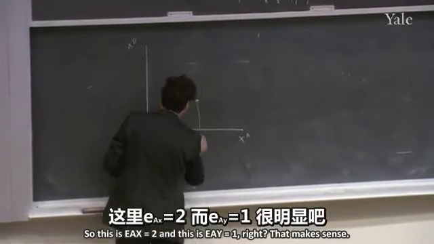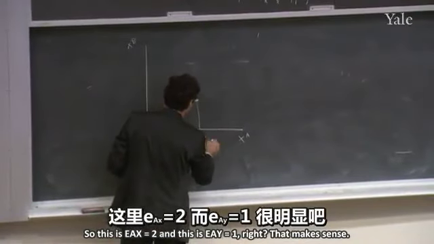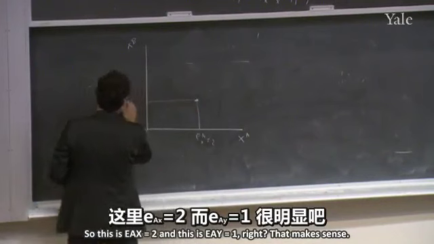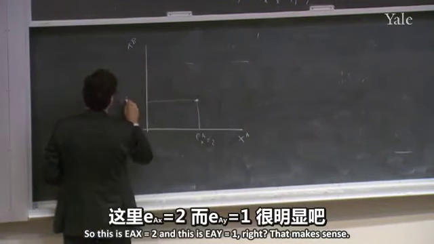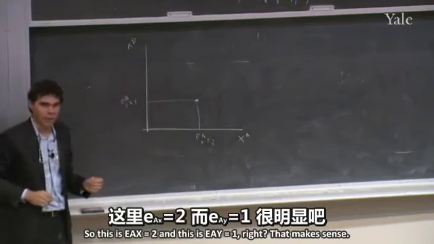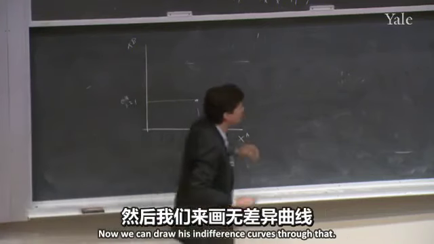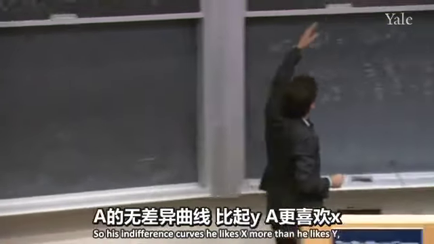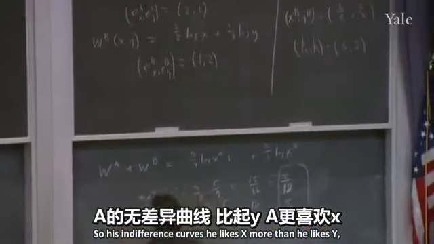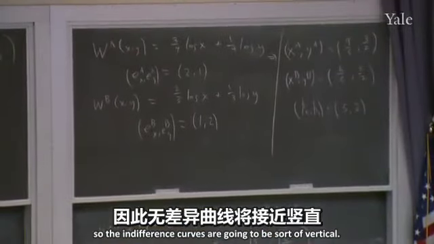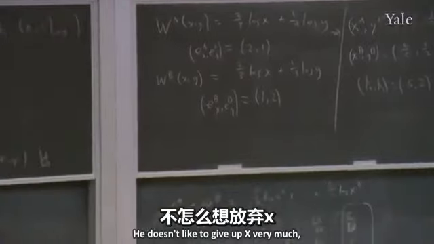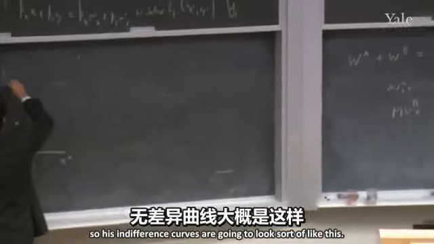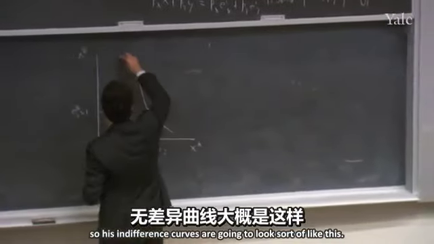So this is EAX equal 2, and this is EAY equal 1. Right? That makes sense. Okay, now we can draw his indifference curves through that. So in his indifference curves, he likes X more than he likes Y. So the indifference curves are going to be sort of vertical. Right? He doesn't like to give up X very much. So his indifference curves are going to look sort of like this.